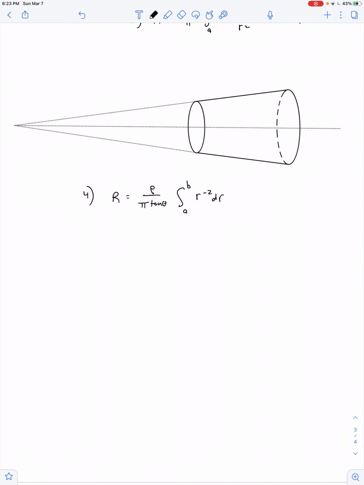So the integral of r to the negative 2 gives us negative 1 over r. Let's change the negative to a positive and flip our limits of integration.